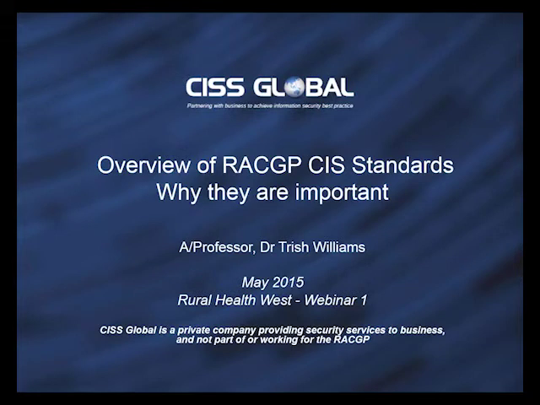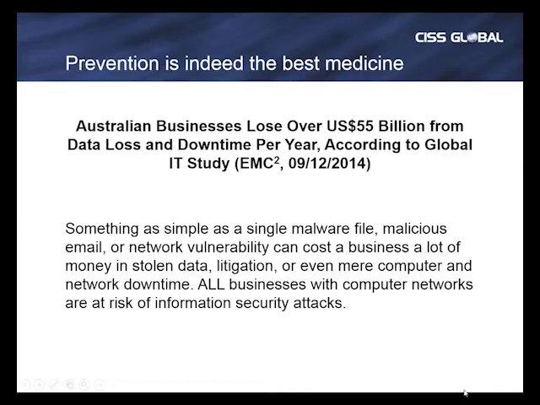So today, looking at the overview of the RACGP CIS standards and why they're important. We need to get an understanding of the problem that we actually have. The area of information security is important because all businesses are open to information security attacks and risks.